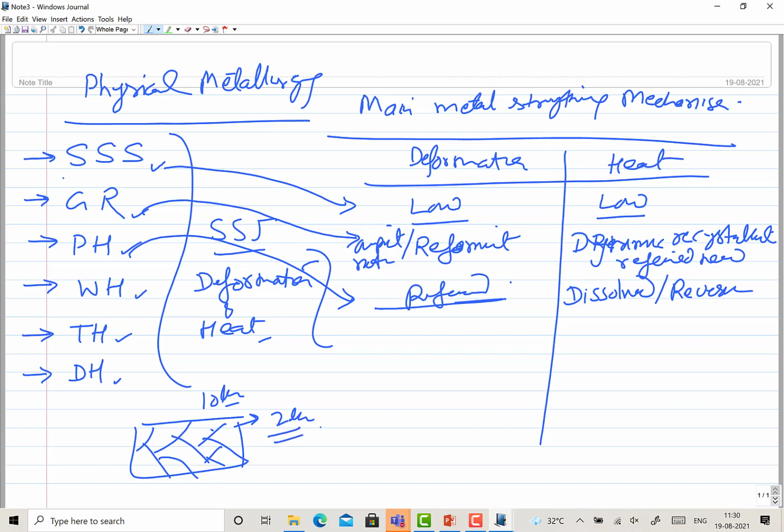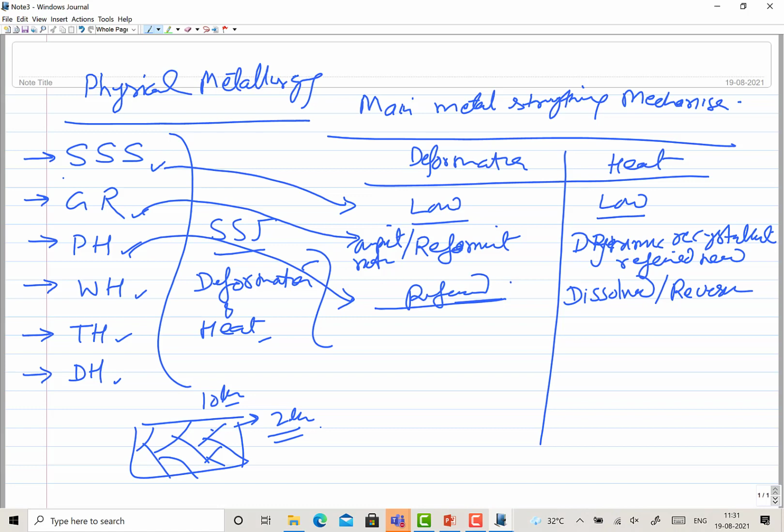So theoretically, as per the Hall-Petch relationship, there should be improvement in strength, but since the strengthening mechanism here is the presence of the precipitates which are getting lost, getting dissolved, you may lose your strength significantly.